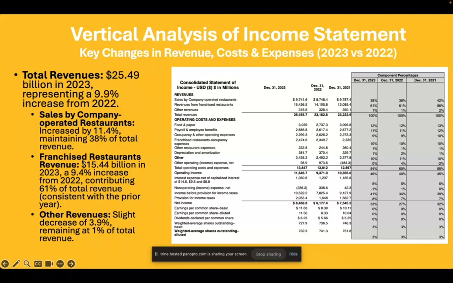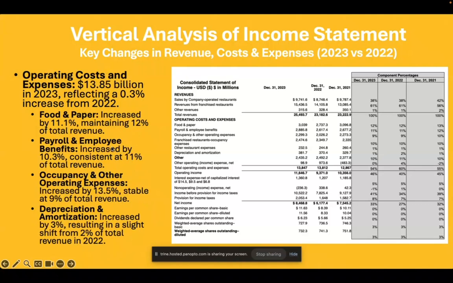And you can see here the total revenue has seen a significant increase in 2023 in comparison to 2022, by 10%. The operating costs reflected a slight increase in comparison to 2022, and you can identify the expense costs for various categories like food and paper, payroll, occupancy, and depreciation here.